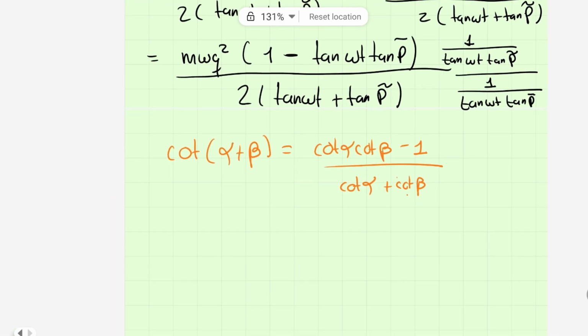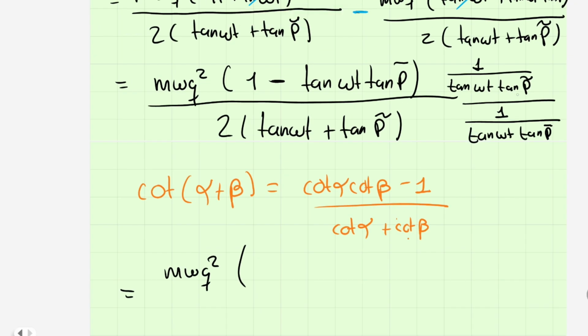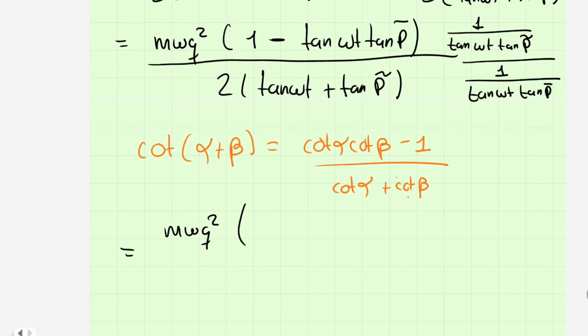And then what are we going to get? Well, this is going to be m omega q squared times 1 divided by tangent omega t tangent p tilde, which is of course going to be cotangent omega t cotangent p tilde, and then minus 1, right?